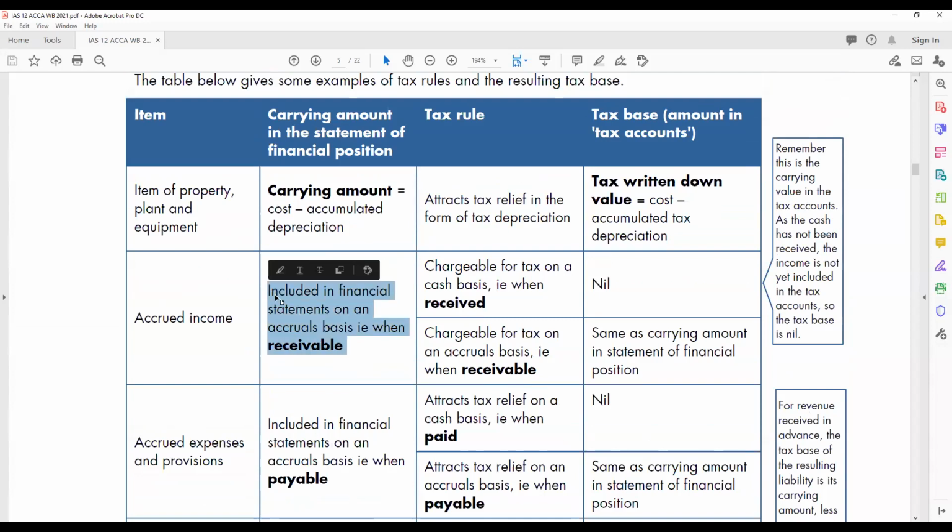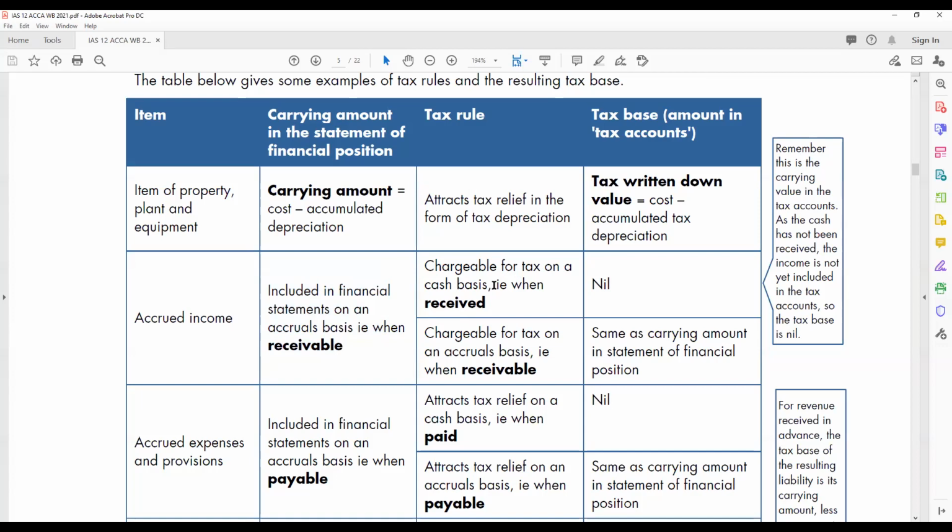Say for example, if you deliver an item to your customer, but you have not yet received money from your customer, but the goods have been delivered, then according to the framework, IAS or SLFRS, it can be recorded as accrued receivable. Here our accounting follows the accrual basis, but the tax rule is based on cash basis, not accrual basis.